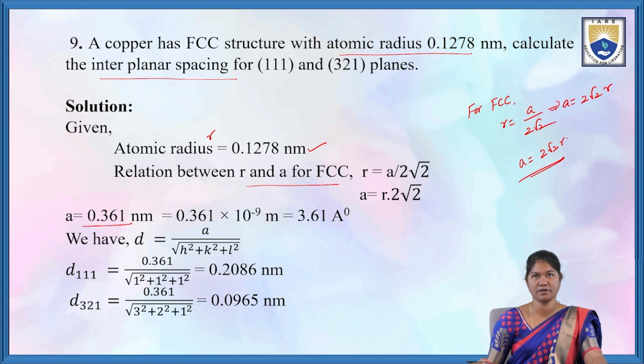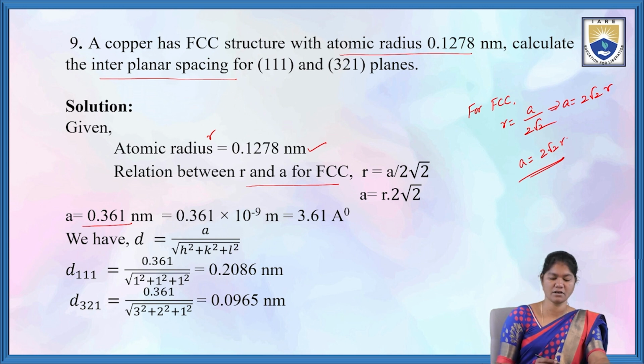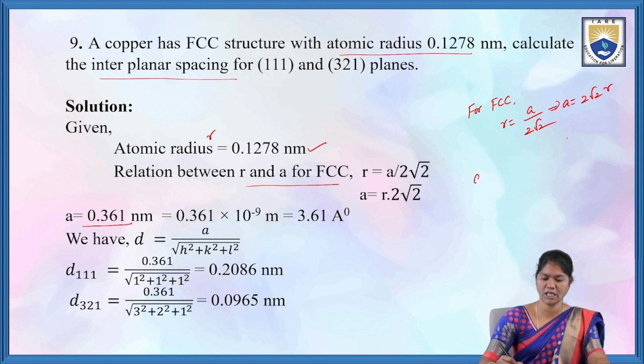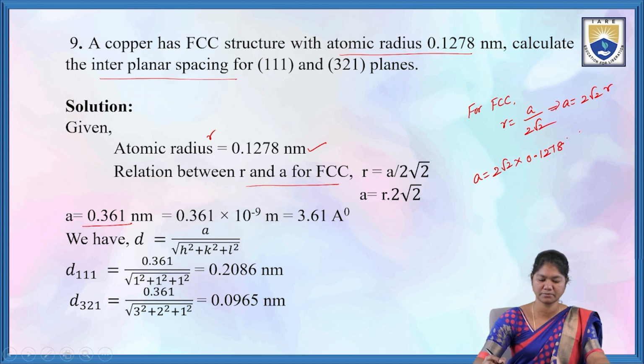You can substitute the value: A equals 2 root 2 into the R value, 0.1278.